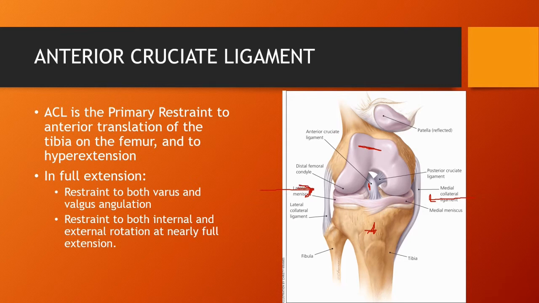Okay, and so that would most likely involve injury to the posterolateral band. And then, in addition to resisting anterior translation and varus and valgus forces, the anterior cruciate ligament is a restraint to both internal and external rotation when the knee is at full extension.